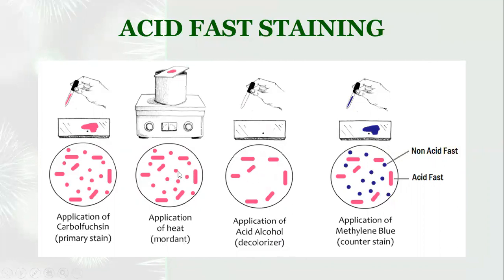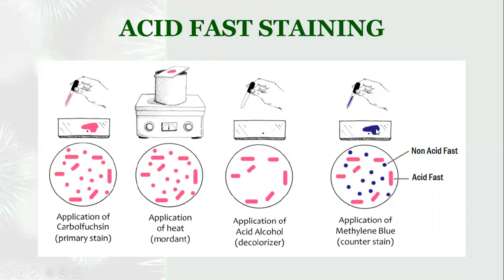So here the spherical shaped cells lost their primary stain because they are non-acid fast. But the rod shaped bacilli you are seeing are acid fast bacilli. So they retained the primary stain even after decolorizing with acid alcohol.